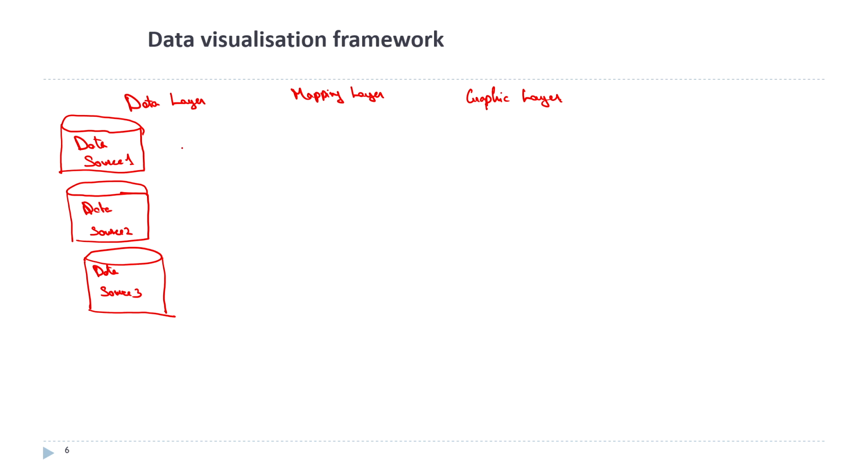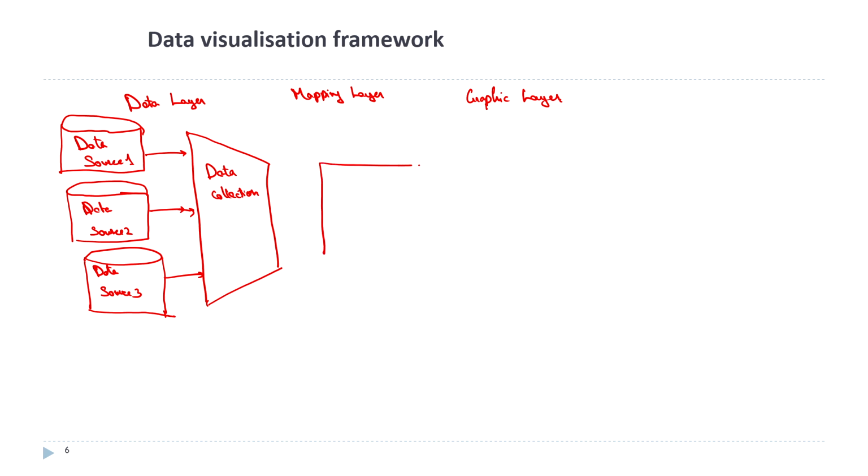So, here the data is collected from the data sources. We call it data mining, we call it data collection, we call it data map reduce, which is collected here, and then we try to map the layer. Here the map reduce function comes into play more prominently.